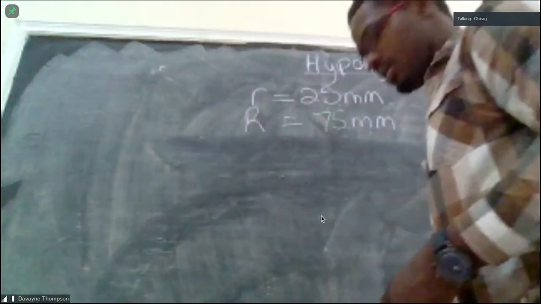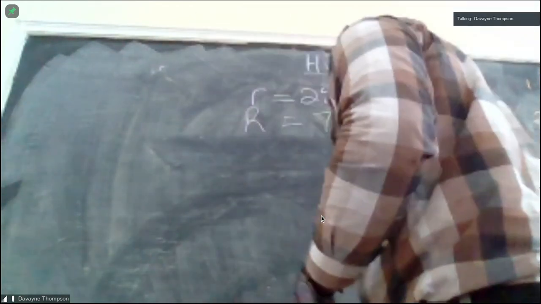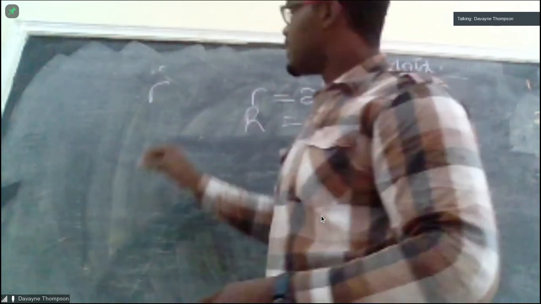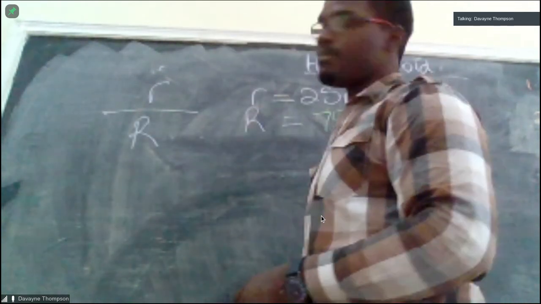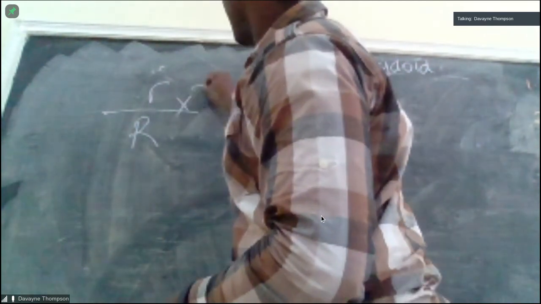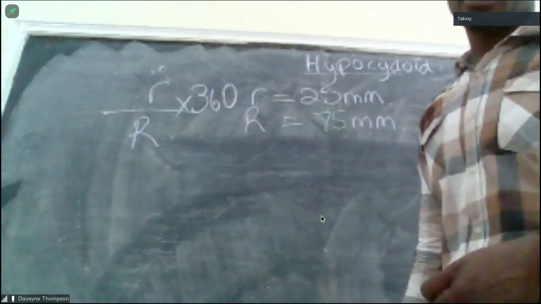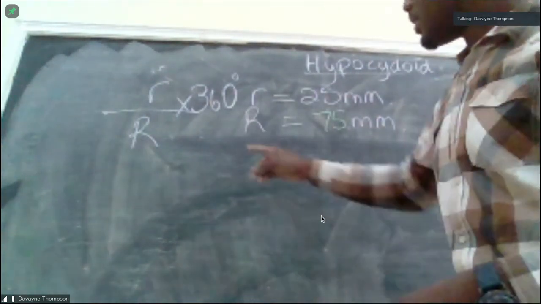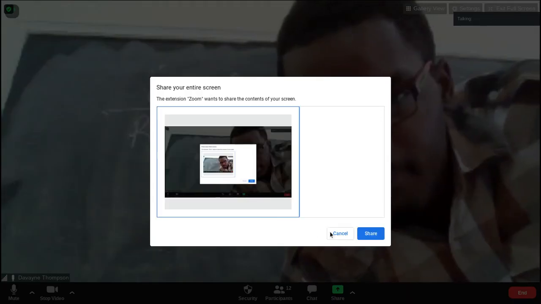Wait, sir, what's the formula again? I'm right up here. Small r divided by large R, multiplied by 360. Wait, what are we finding in this formula? The angle of the curve. Let me screen share. Look at this for me now.